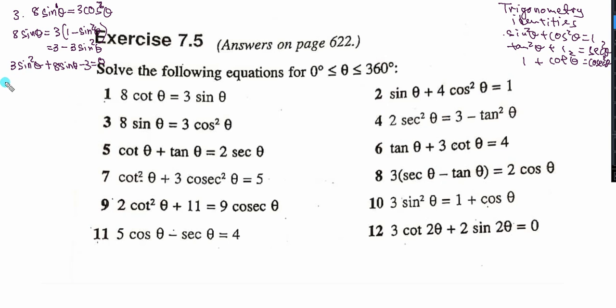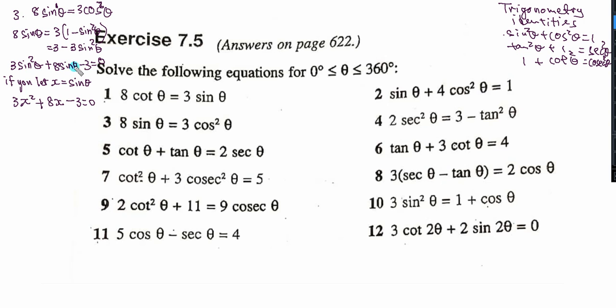Okay, if you let x equal to sine theta, you actually have a quadratic equation. So it's actually 3x squared plus 8x minus 3 equal to 0.